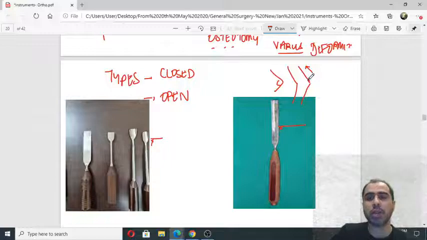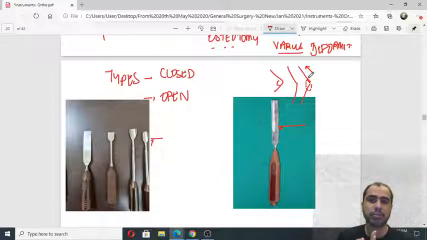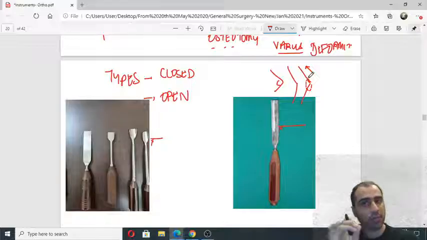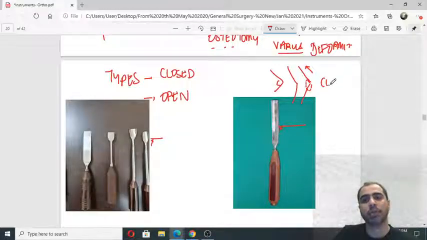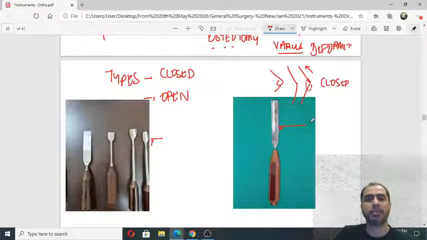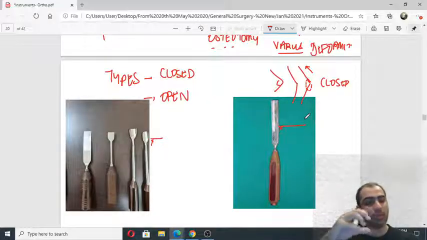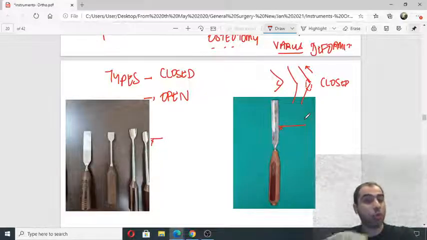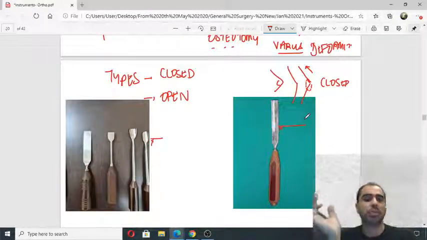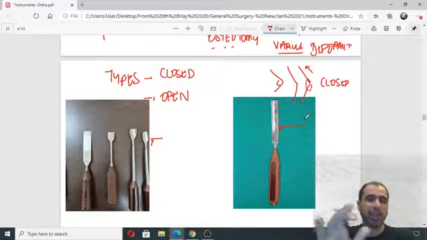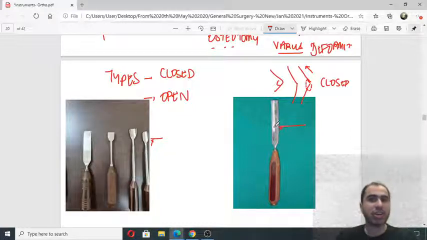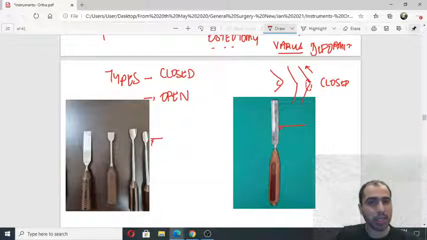So what I do here is I remove a wedge of the bone, make it open, and then I fix it. Where I only remove the wedge, it is called closed osteotomy. In some osteotomies, I remove the wedge, increase the angle, and put a bone graft. Open osteotomy, where the cut ends are left open. That is open osteotomy. We don't need this much detail, but just for information, if you are answering well in the exam, this is where the Viva will go. Open and closed osteotomies.